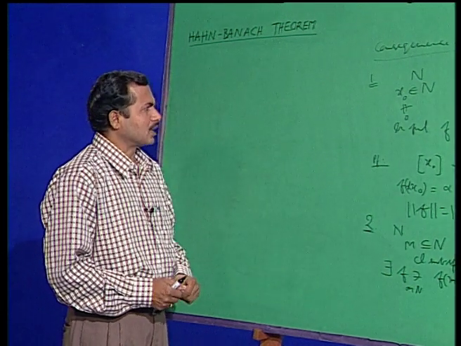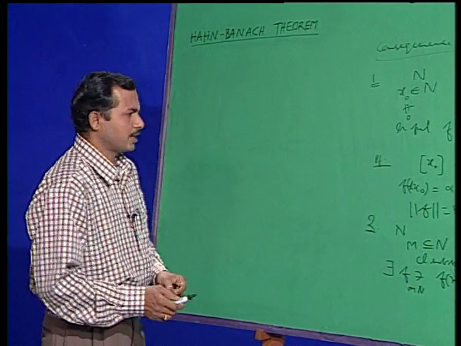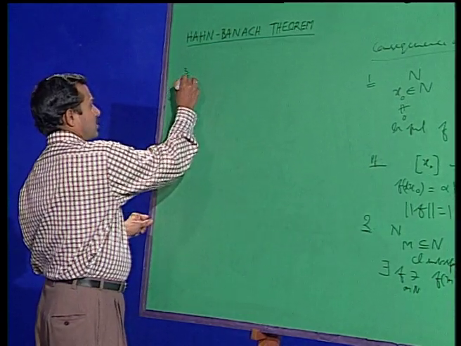Then we have another consequence of this Hahn Banach theorem. Let us call it number 3.